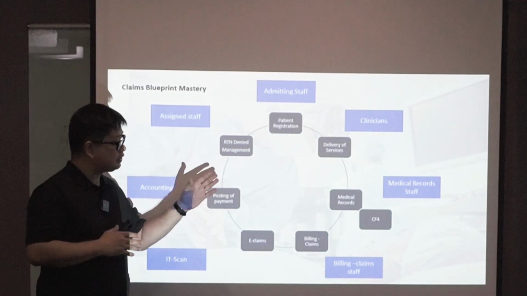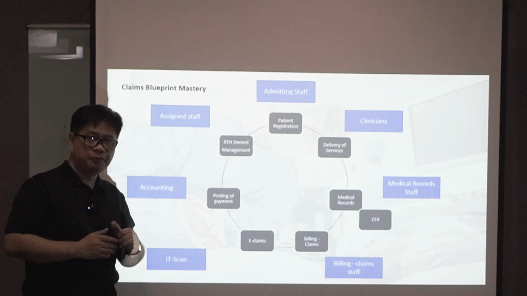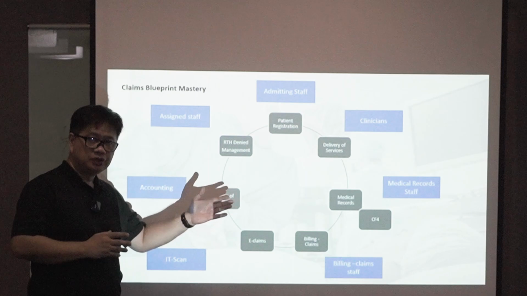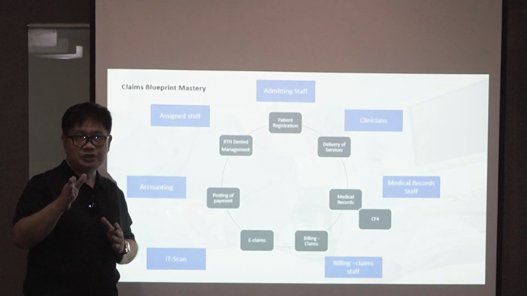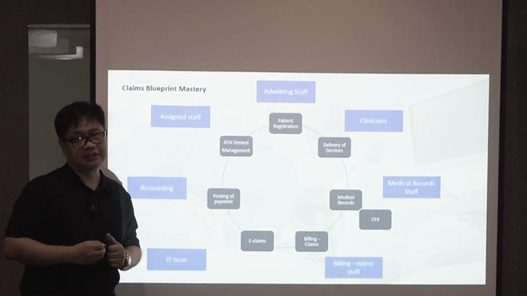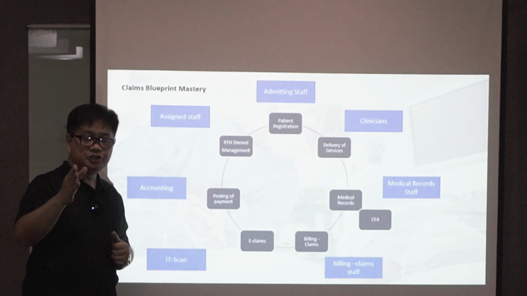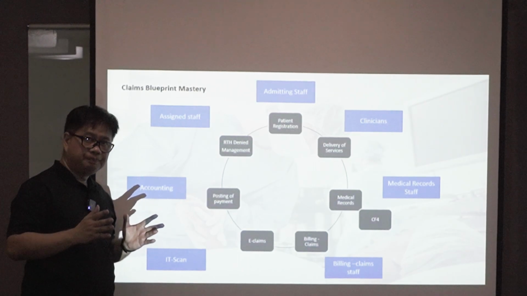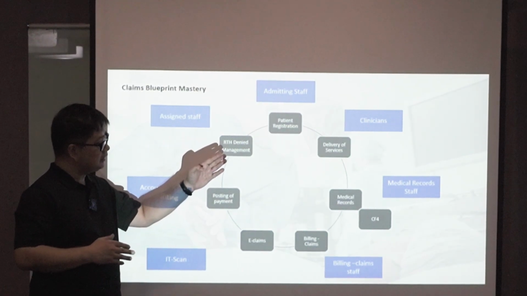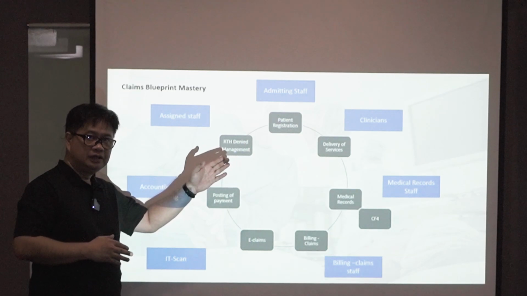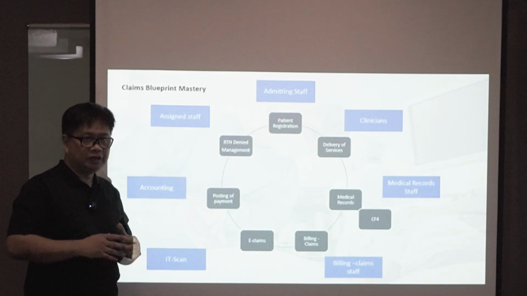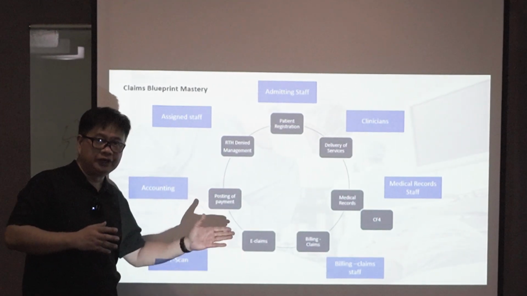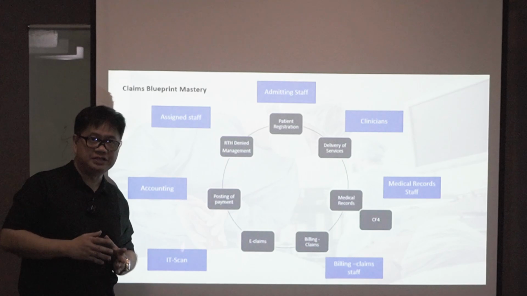To proceed, once the doctor discharges the patient or gives the MGH order, two things will happen. From the delivery of services, part of the document of the clinical chart will either go to the medical records, wherein the final diagnosis is converted into an ICD-10 code, and then this proceeds to the billing office. Another path is that, from the delivery of services, once the MGH order is given, the face sheet, or part of the document, goes directly to the billing, wherein the billing people have their own ICD coder.